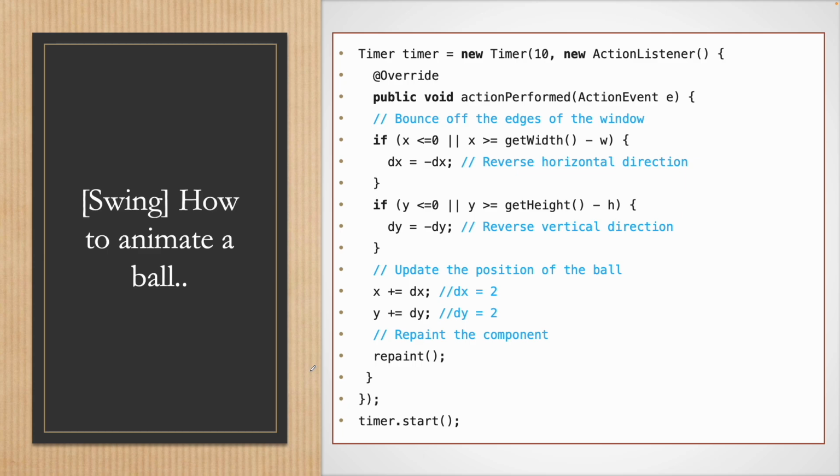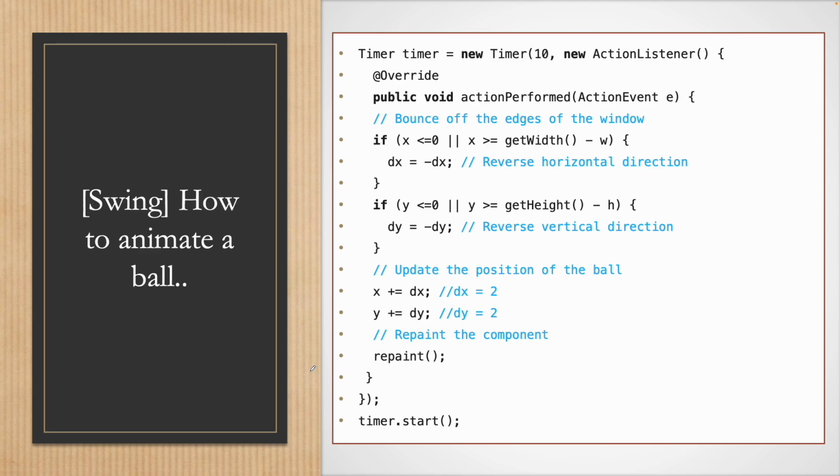So obviously we're going to be changing the location of the circle by a small amount so that it looks like it's smoothly moving around. Okay, so that's what you're going to be doing. So update the location of the circle and then repaint it.